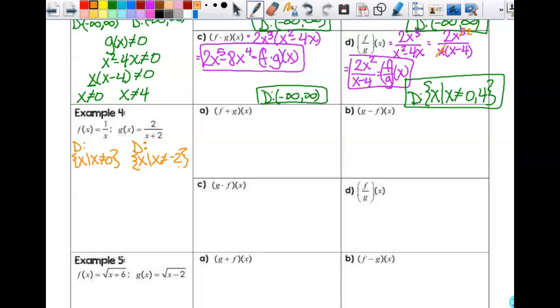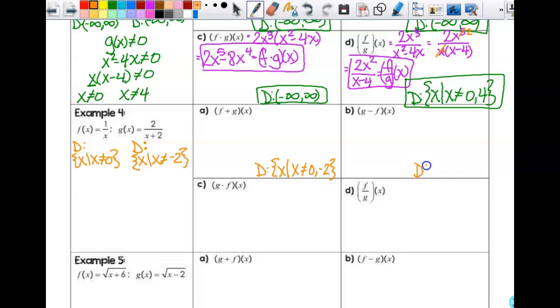All right, so there are my restricted domains. So then this is the intersect. I need the intersection of the two. Where do these two intersect? If I have all other numbers besides these two, right? So basically I can use everything but these two numbers, right? So my domain then is the set of all x's such that x cannot equal 0 or -2.